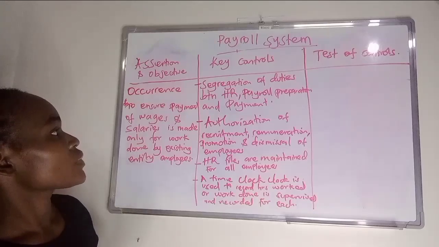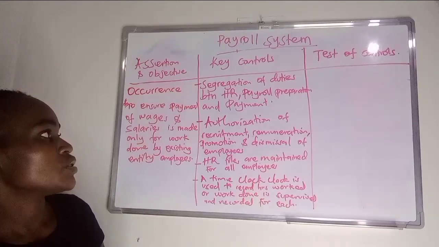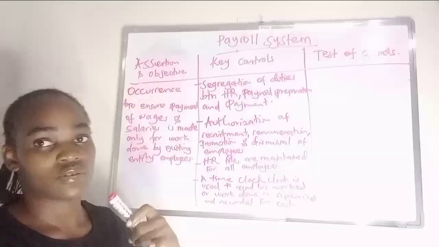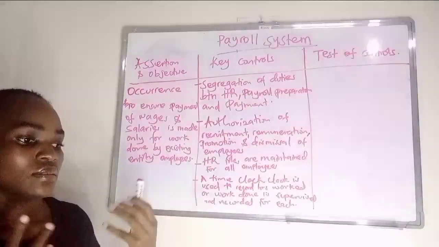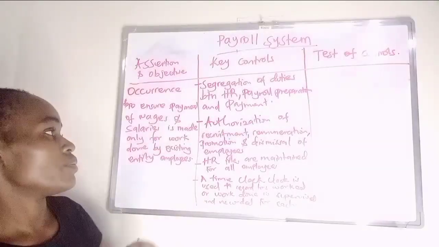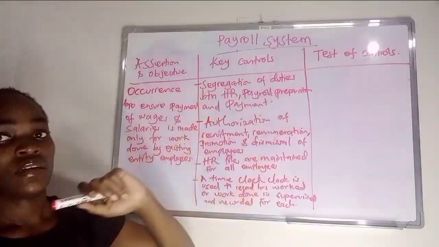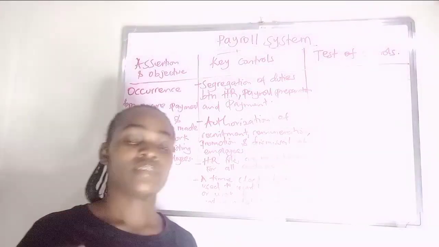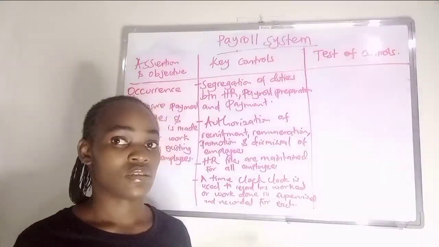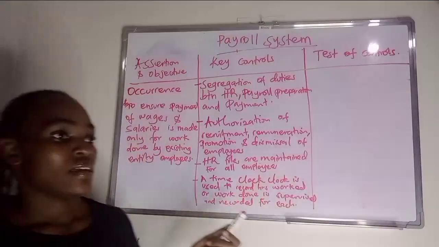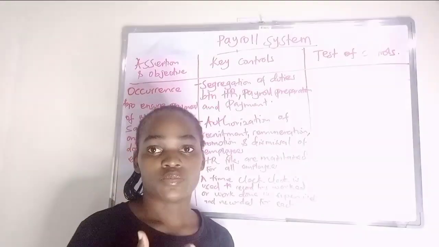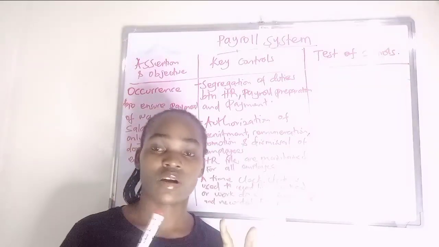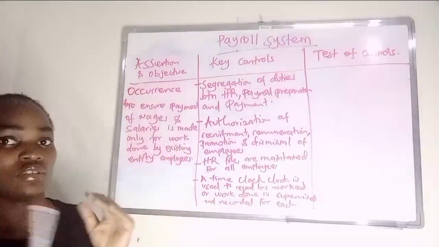So management should make sure that there is segregation of duties, for example, between human resource management, like the person that manages employees is different from the person that prepares the payroll, and then is different from the person that actually pays the employees. Yes, so that will help to prevent overpayment of workers and then paying ghost workers or paying workers that do not exist.